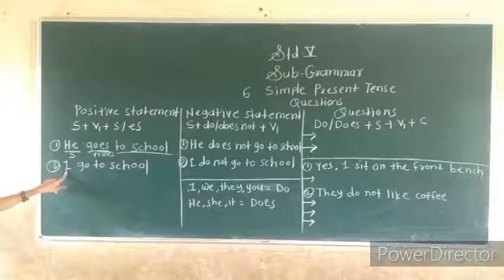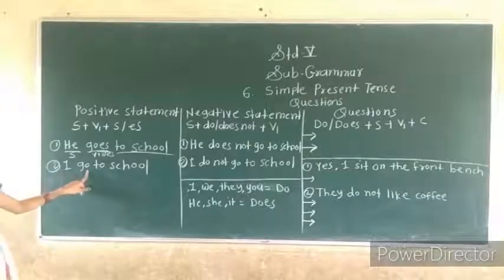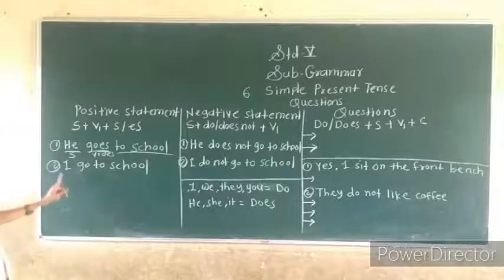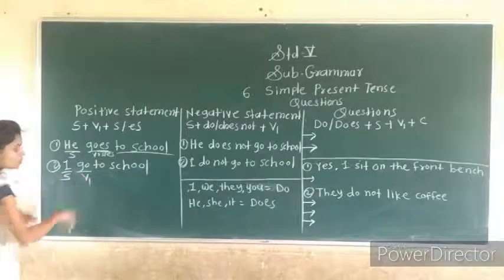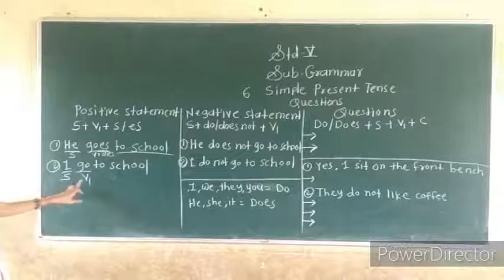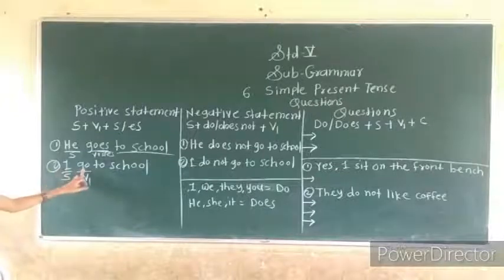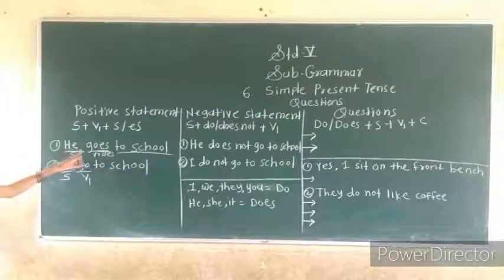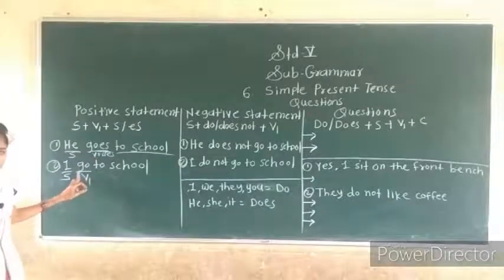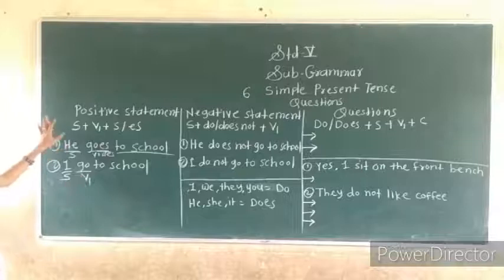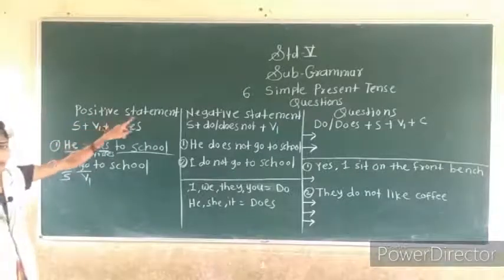I is plural, so I didn't use s, es. So I is the subject plus verb 1 only. I go to school. For the singular use s, es. For the plural don't use s, es. That we learn in the 4th lesson, positive statement.